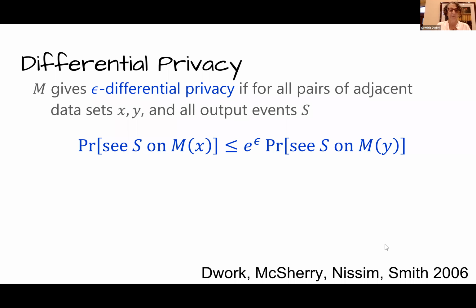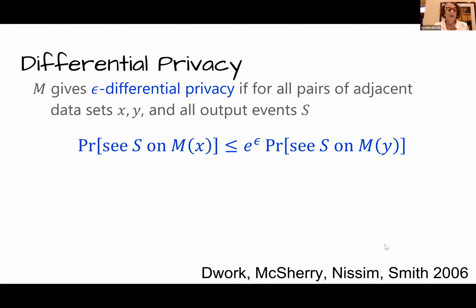And that's given by a parameter typically called epsilon. And we need one more concept, which is the notion of adjacent data sets. So two data sets, X and Y, are adjacent if one is contained in the other and the larger one has the data of just one more person. So for example, that database and the database without Cecilia Payne.